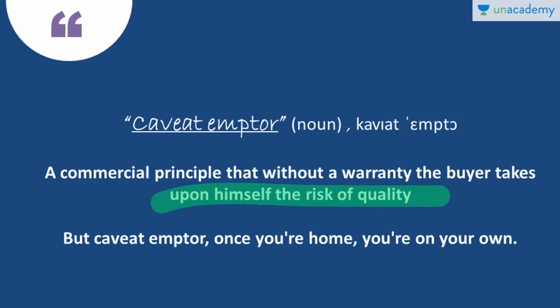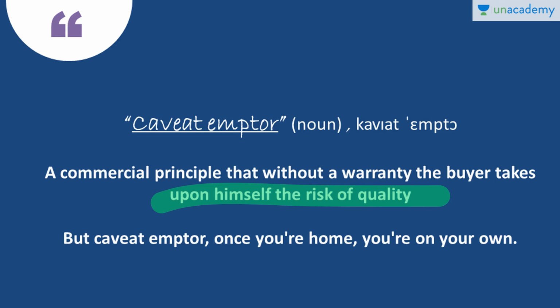Let's say the product which you have bought carries a warranty of 6 months. That's okay. If in 6 months you face any problem with the product, you can go to the shopkeeper or the seller and ask him to replace or mend it. So if you have some problem with a product which is in the warranty period, you can talk to the seller or the shopkeeper from where you bought it.